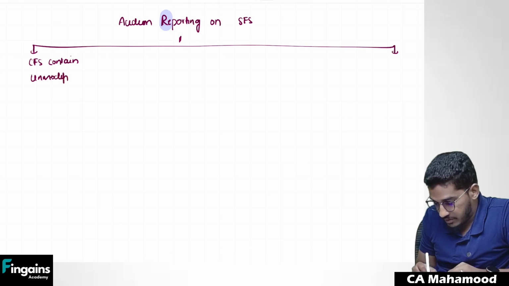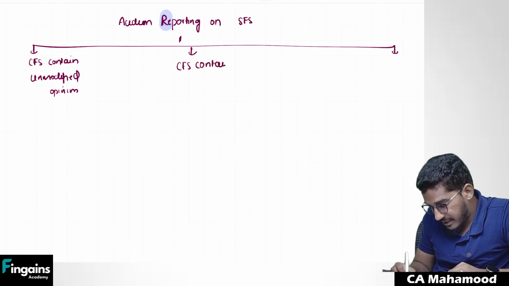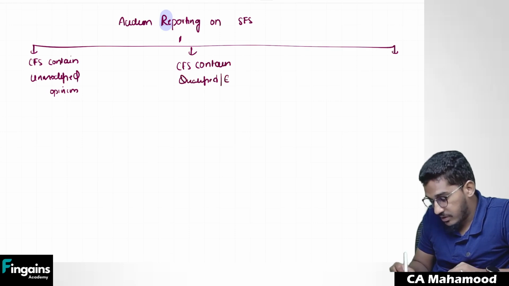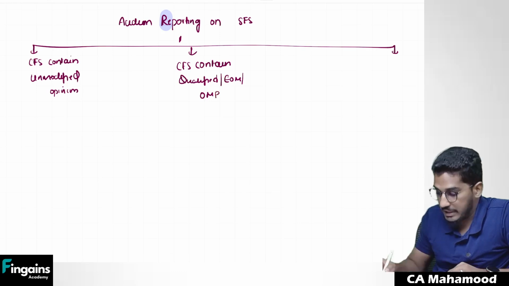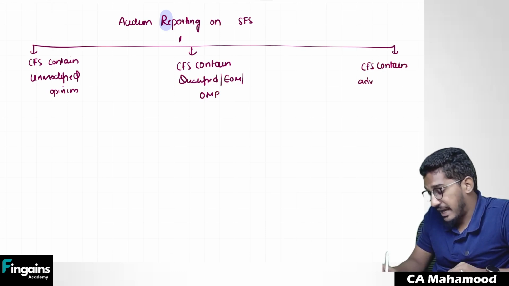Case two: complete financial statements contain either a qualified opinion, or an emphasis of matter paragraph or other matter paragraph. Third scenario: the complete financial statements audit report contains either an adverse or disclaimer of opinion.